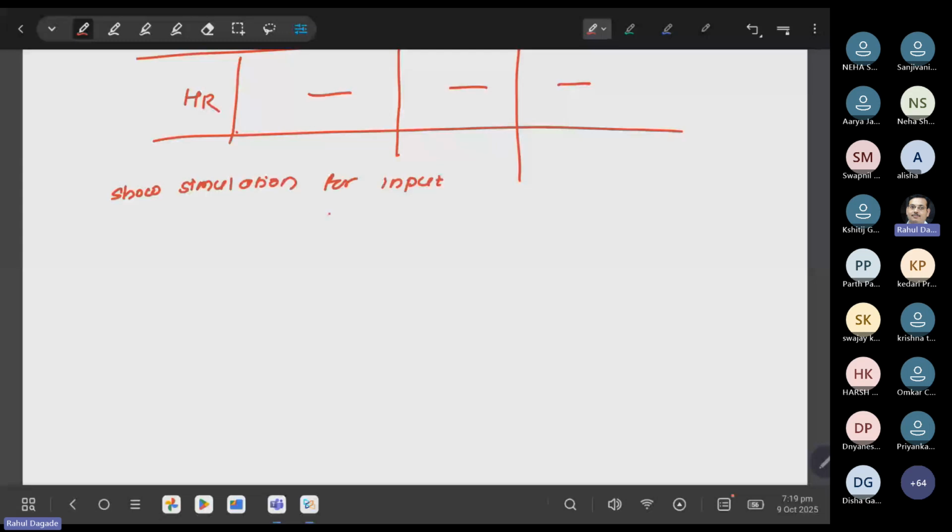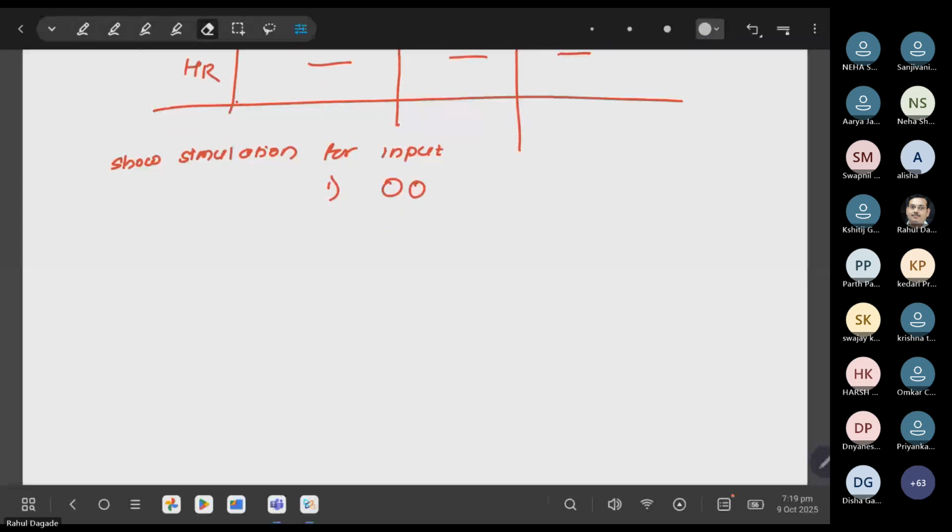Let us take first input as 0 0 1 1 0. It is ending in 1 0, so it should accept it. And another input which is not ending in 1 0, let us take 1 0 0. So this should reject.